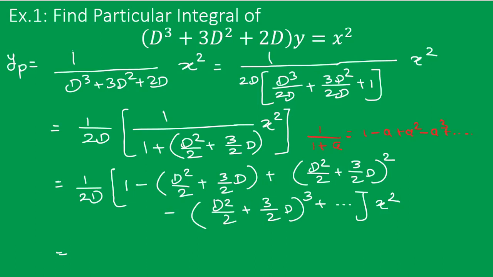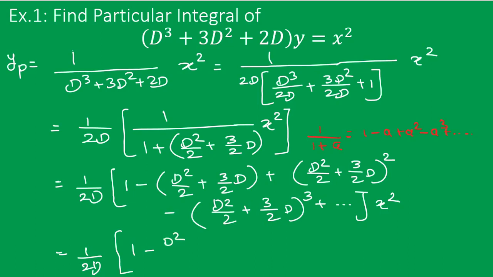Therefore we get here yp as 1 upon 2D, and now this first term we have to take as it is, minus, as in the first bracket its degree is 1, so we have to take both the terms.